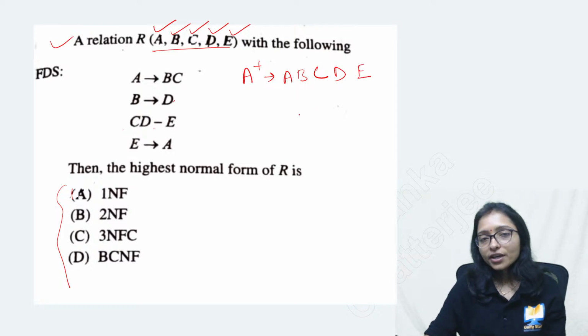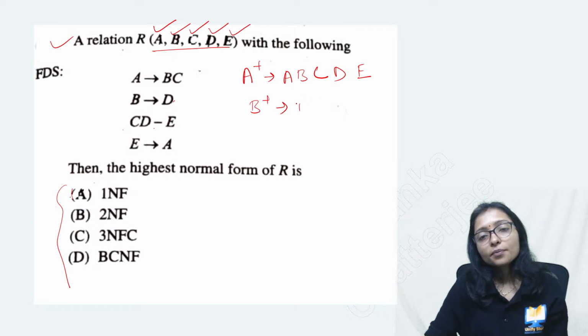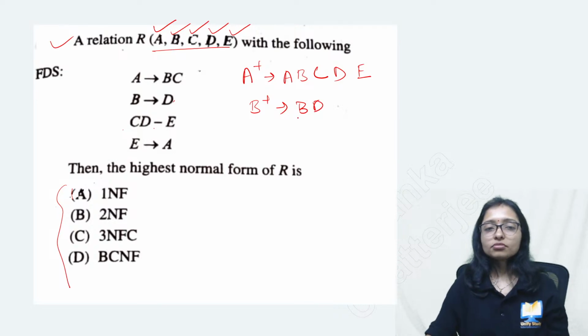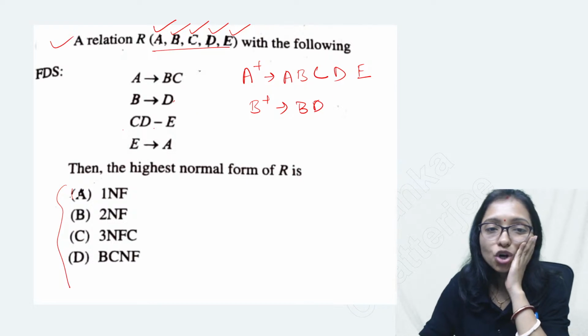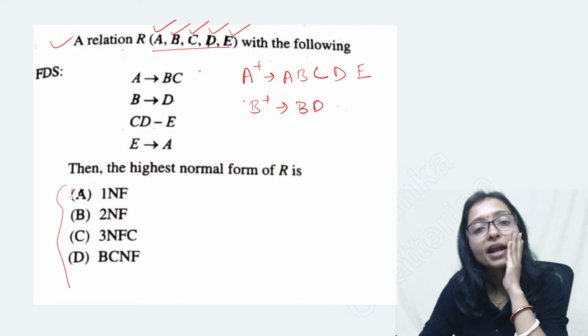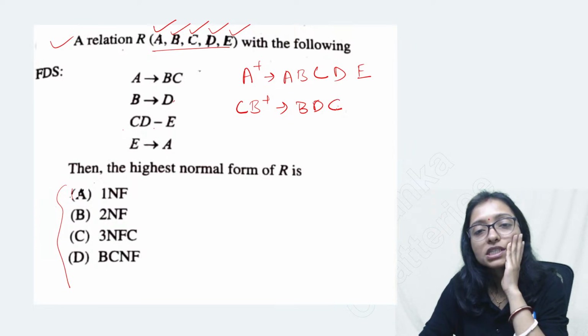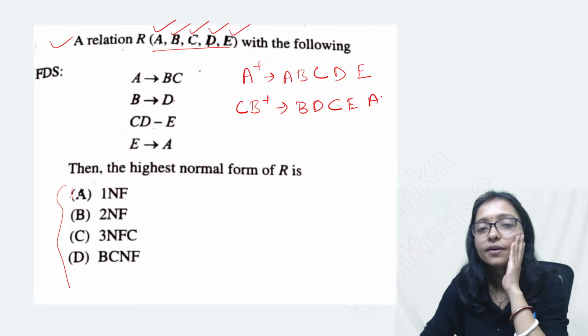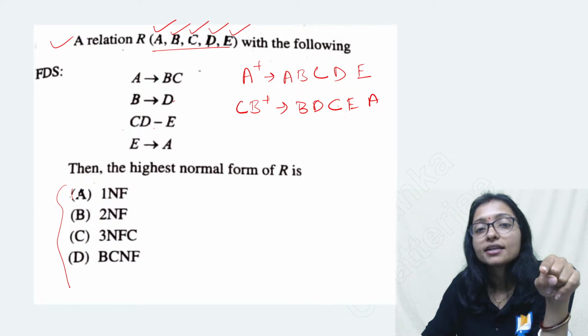Now B closure: B to D. Is there anything coming? No, nothing is coming, it stops. If I add C here, then I get C, D to E, E to A. So B, C is also my candidate key.